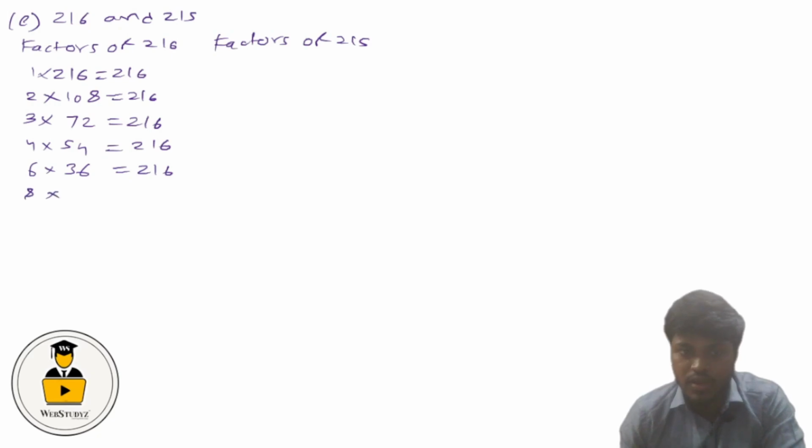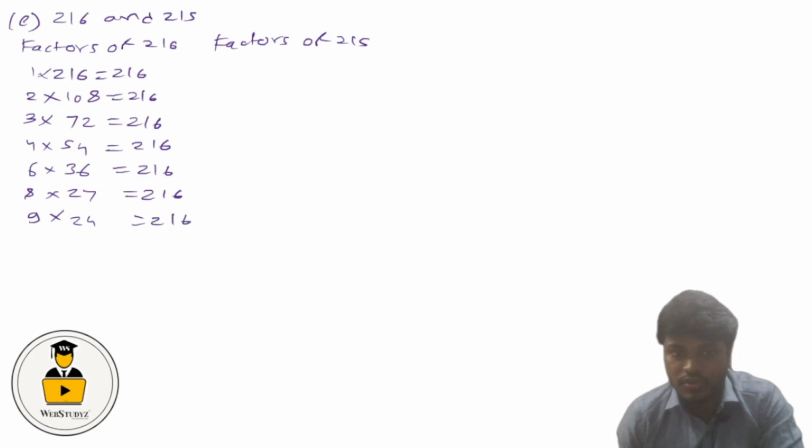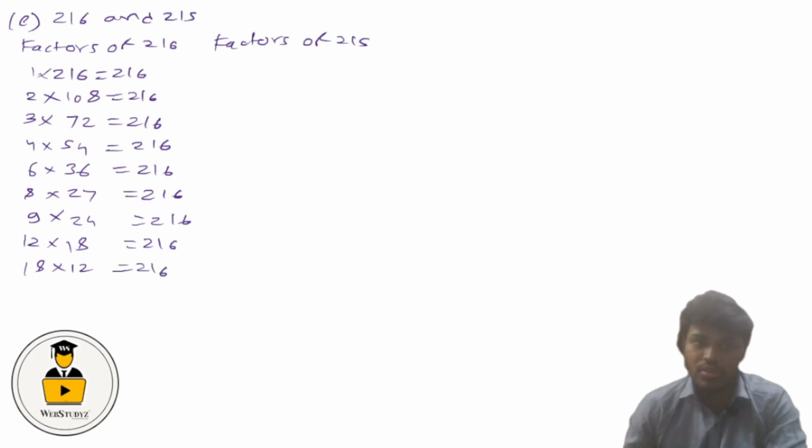Then if we divide it by 8, 8 into 27 will give us 216. Then if we divide it by 9, 9 into 24 will give us 216, and it will be 12 into 18, which will give us 216, and 18 into 12 is also 216.